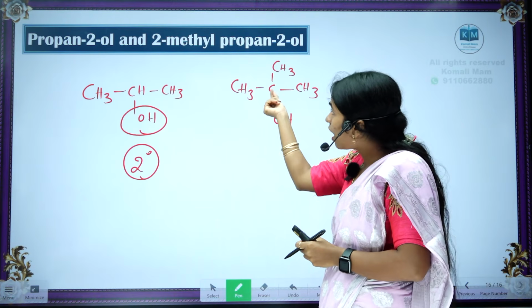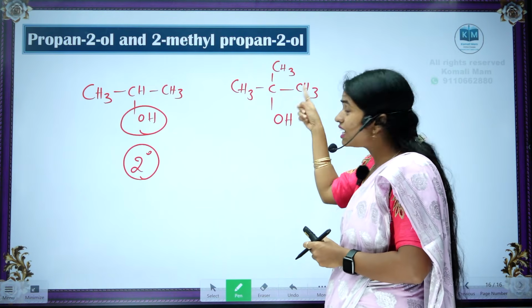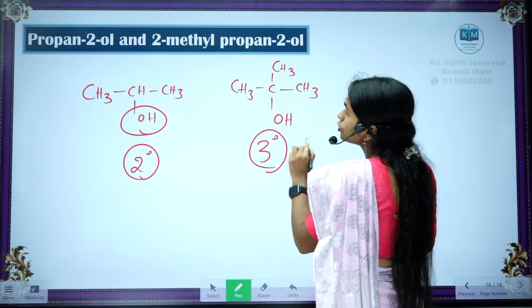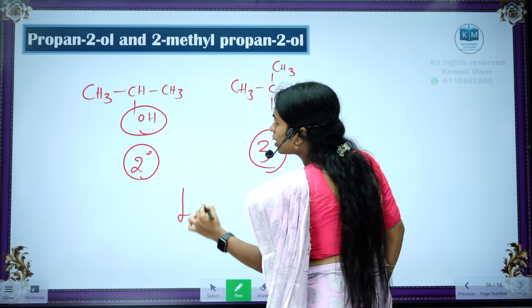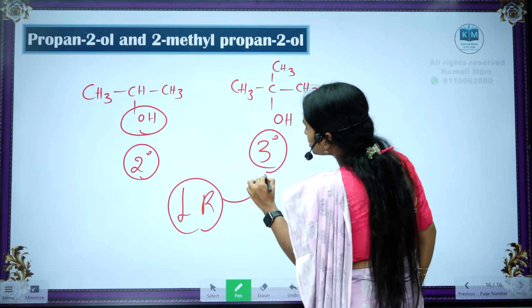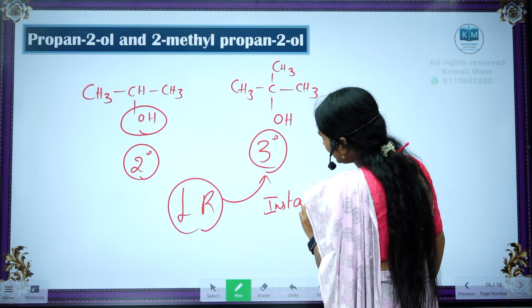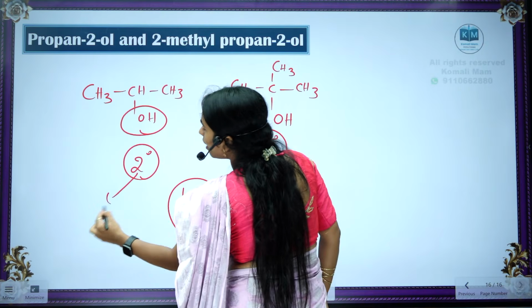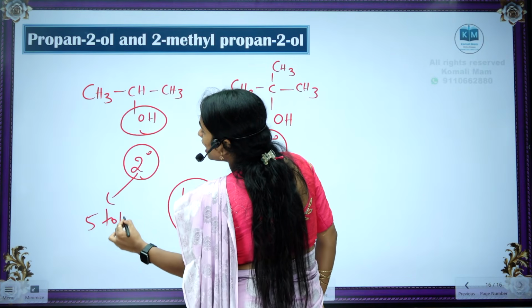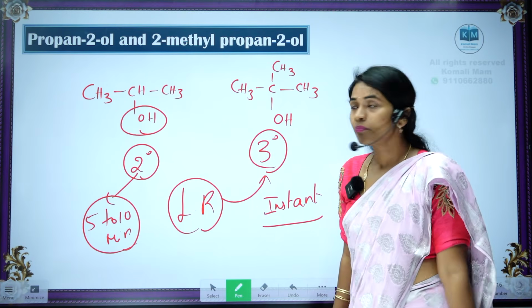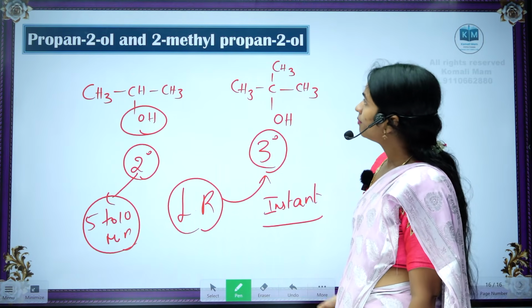OH connected to the carbon connected with three other carbons, so it is a tertiary alcohol. So the Lucas test, Lucas reagent: tertiary gives instant turbidity, secondary will give turbidity after 5 to 10 minutes. In such a way, you can differentiate between the two. Next.